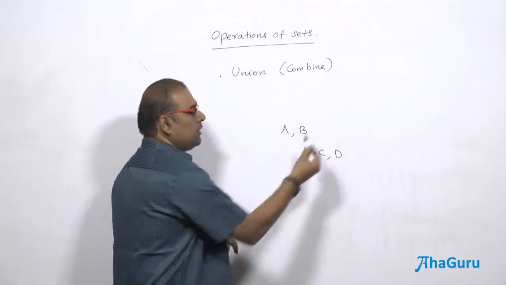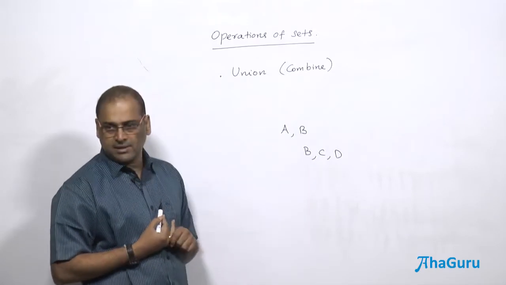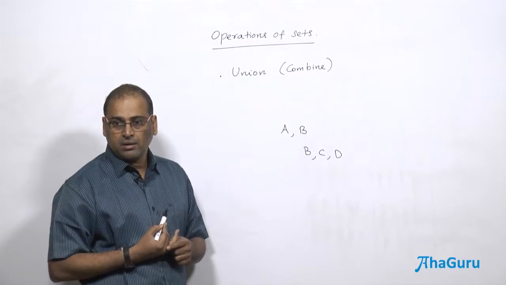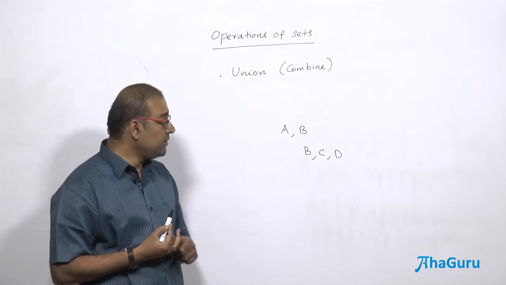Then together, how many people like chess or tennis? You can't say 5 because the B fellow is present in both. So this is union.